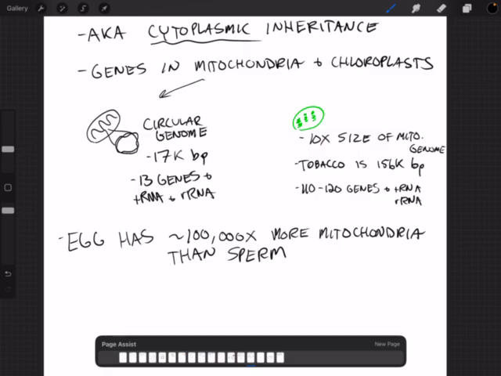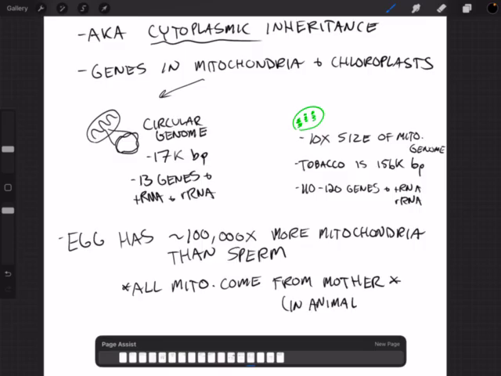Okay, which means that effectively all of your mitochondria come from the mother. Okay, and this is true in at least animals. There are cases where that inverts.